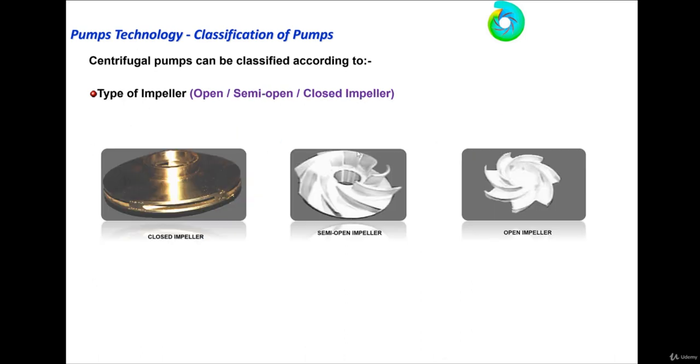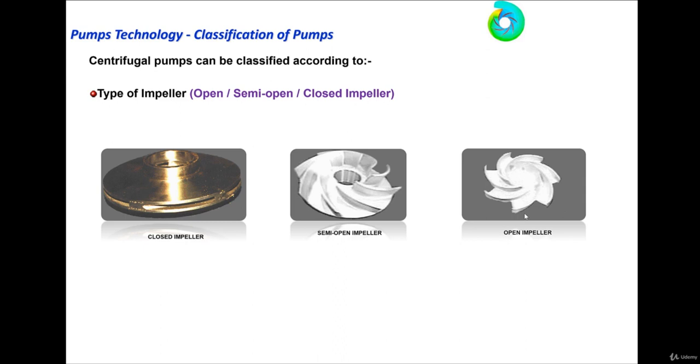According to the type of the impeller, you can classify the centrifugal pump as a closed impeller, semi-open impeller, or open impeller. The open impeller is the least efficient one, so the most used one is the closed impeller, usually used except in some applications like submersible pumps that handle sludge and a large content of solid particles.